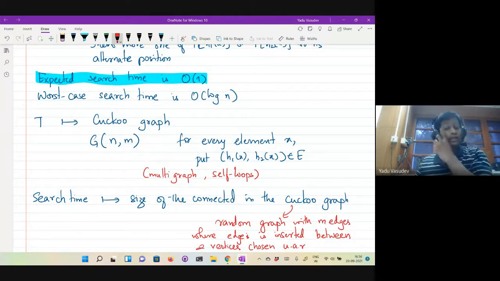So to analyze search time, we want to show that for this random graph, the expected size of the connected component is order 1, right? And that is what we were trying to do.